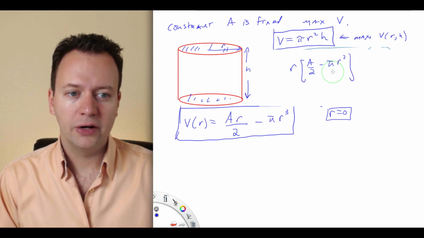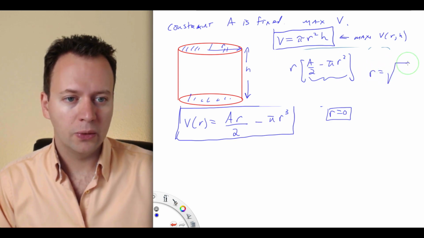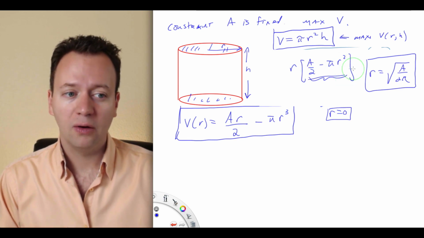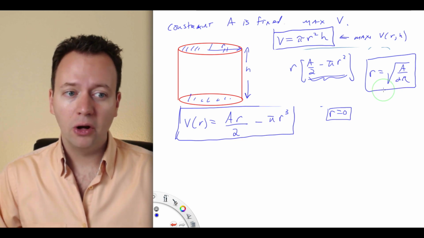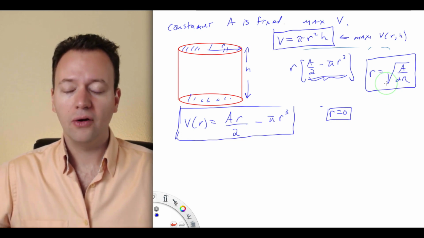So the other zero of this equation, well, there's 3 zeros, but if we set this equal to 0, r is equal to the square root of a over 2 pi. So that's another boundary point. And in fact, since you're taking the square root, it's going to be plus or minus. So if I set this equal to 0 and solve for r, I get plus or minus the square root of a over 2 pi. Now we're not worried about the negative root because that's a negative value of r, which we rule out based on physical reasons.